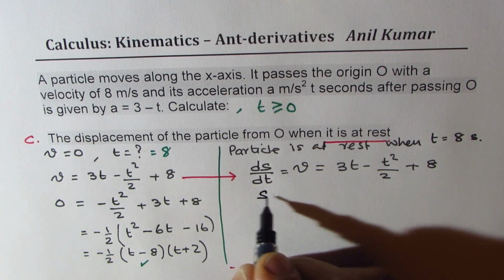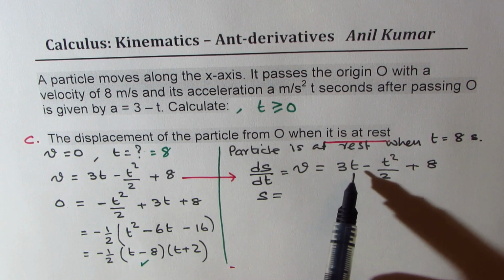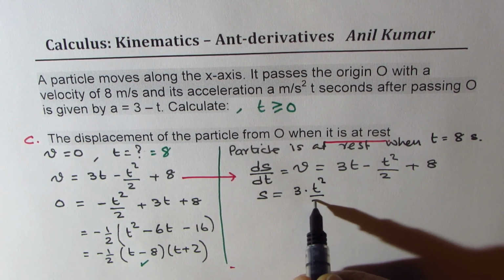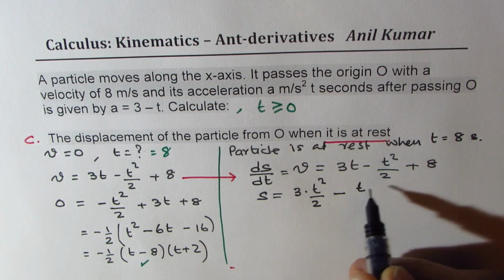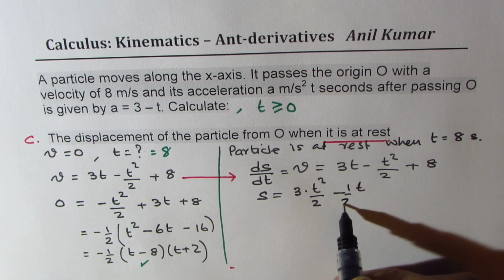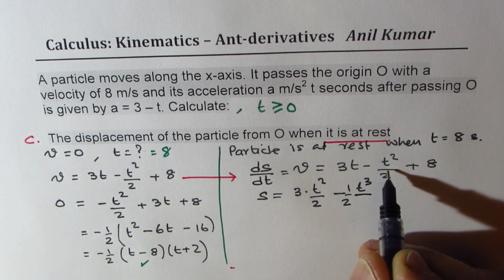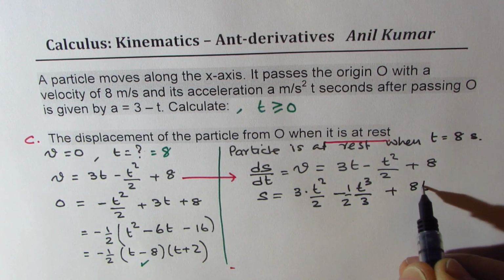Displacement will be the antiderivative of velocity. We are moving backwards now, correct? Applying the rules which we just learned, the antiderivative of t will be t squared over 2. So you'll get 3 times t squared over 2 minus, add 1 to the exponent, it is 3, so already half is there, so 3 cubed over 3, right? Plus 8, so it becomes 8t.